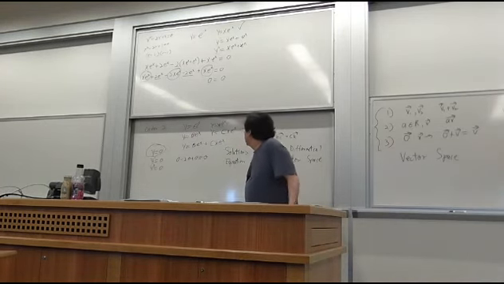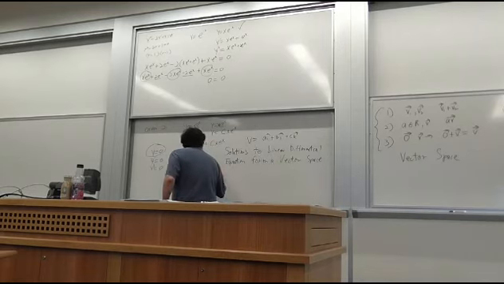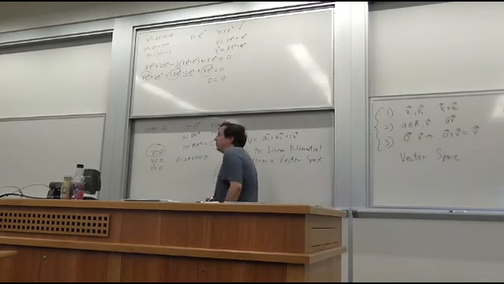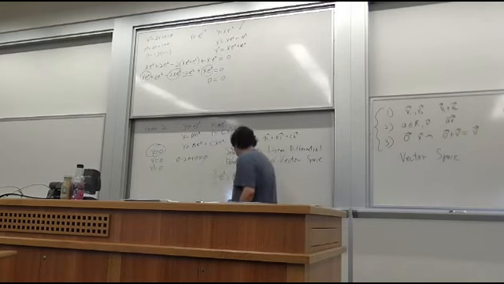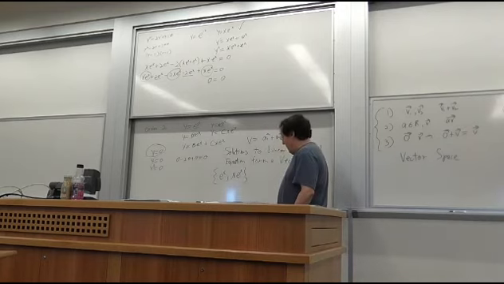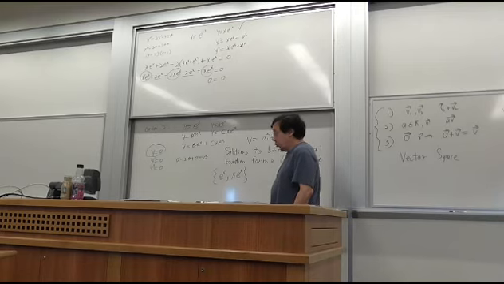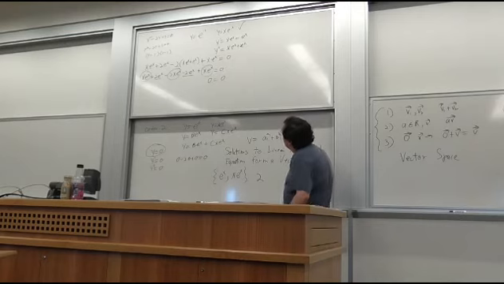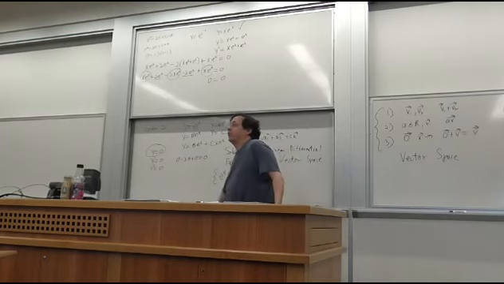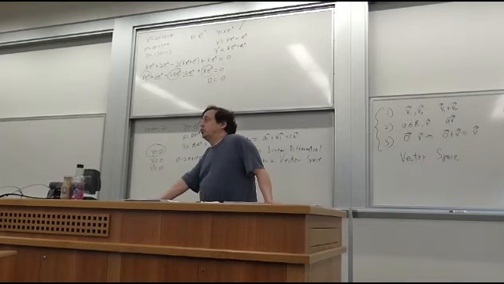Well, how many members would we need to form a basis? Well, I think we know that. Use e to the x and x e to the x. So the dimensionality is 2. Coincidentally, the order of the differential equation is 2.